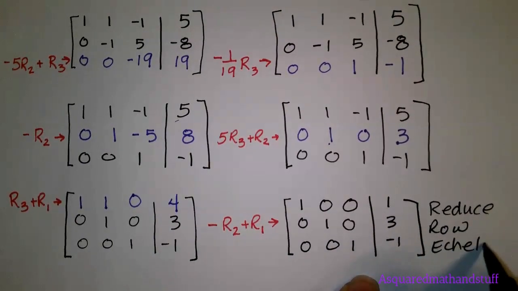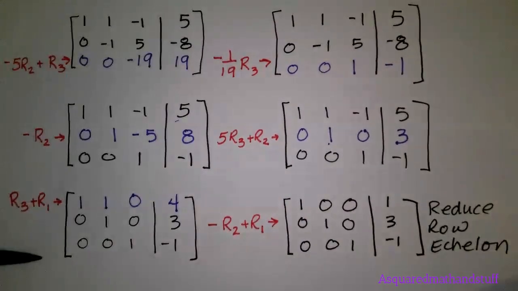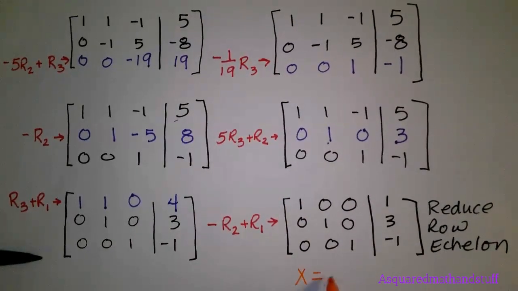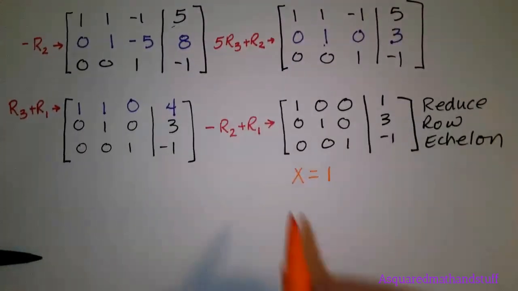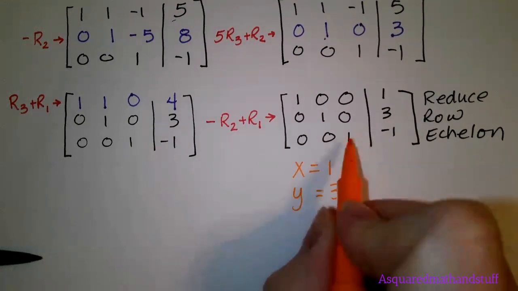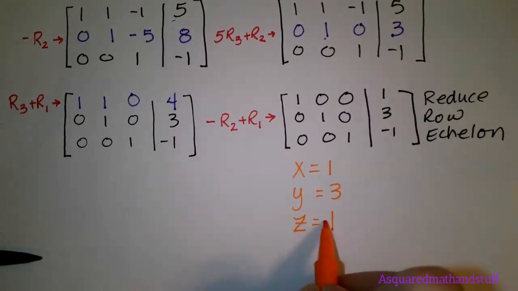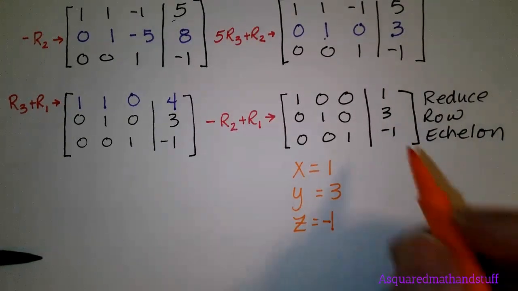So this means that we have just solved for x, y, and z. X is going to equal 1. Y is going to equal 3. And z is going to equal -1. You have to write this in coordinate point form.